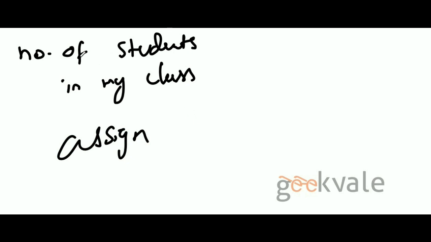So wherever I want to use this thing, I can use that alphabet instead. So let's say it is equals to A, right? If I want to represent the number of students in my class, which are, let's say, 30, I can say that A equals to 30, right? Instead of saying this whole thing, I can just say that A is equals to 30. Why? Because I assigned it that the number of students in my class is equals to A.